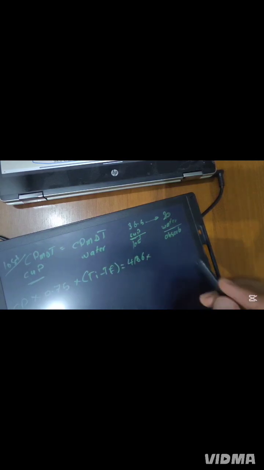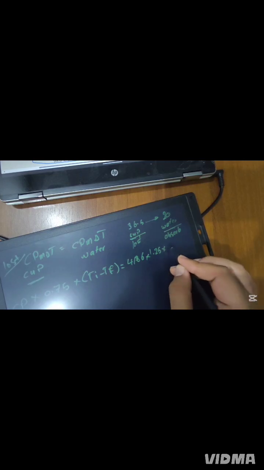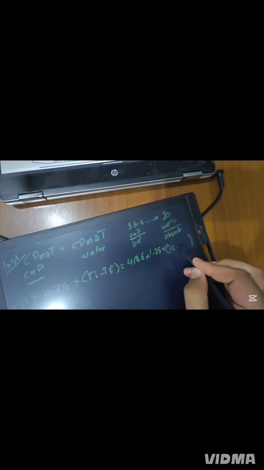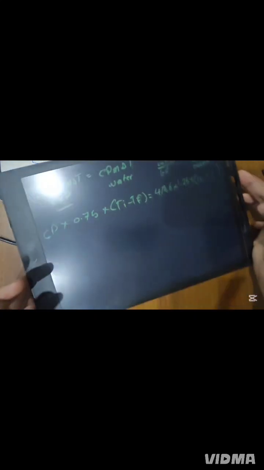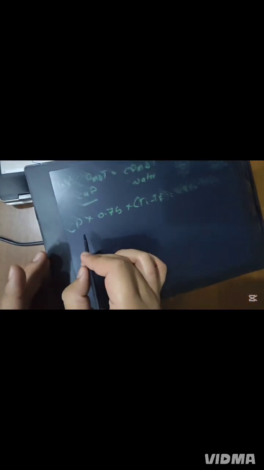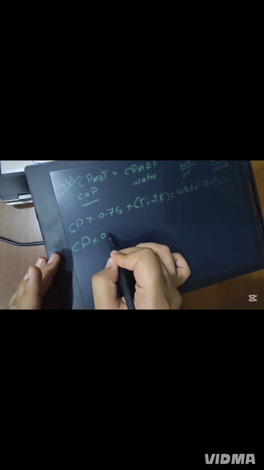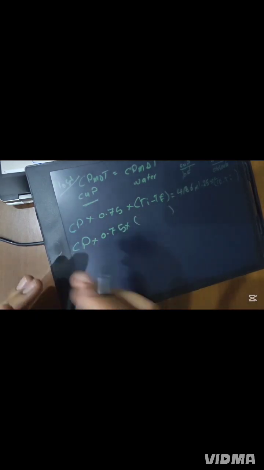Cp of the water every time 4186, times the mass of the water, 1.25, and instead of delta T you write Tf minus Ti, because the water is absorbing. Now we have to arrange this equation. Bring down Cp times 0.75, times, inside the bracket, Ti minus Tf.